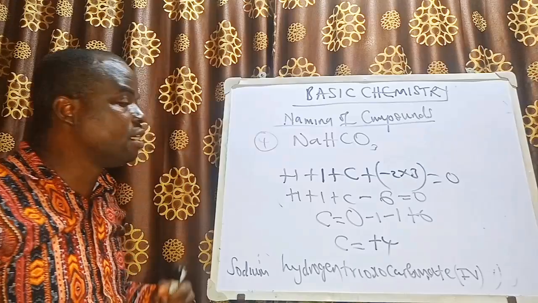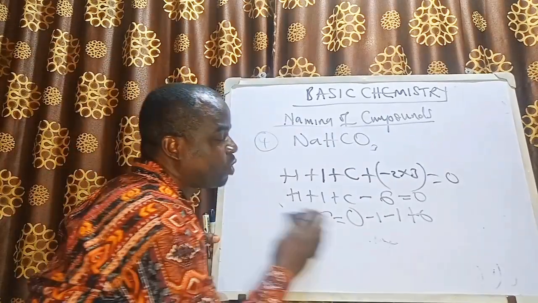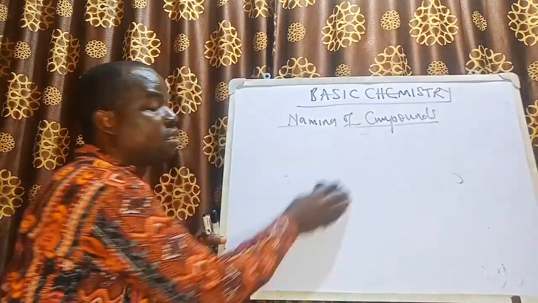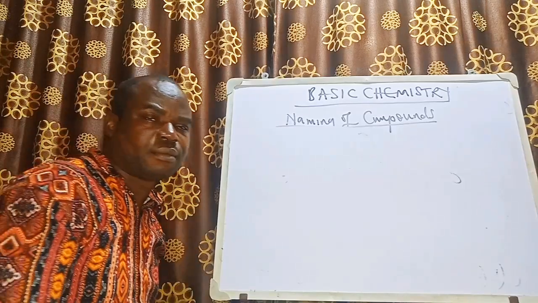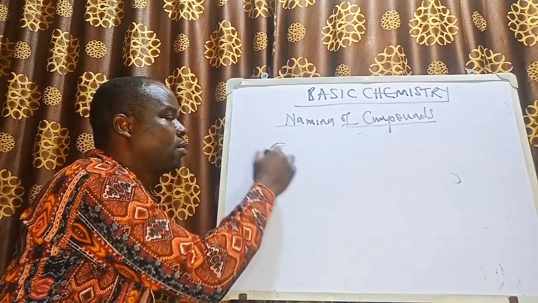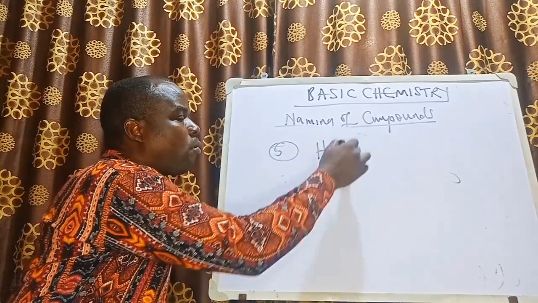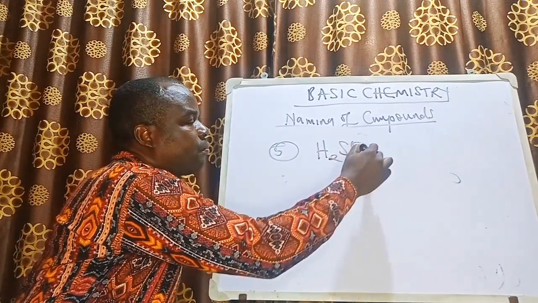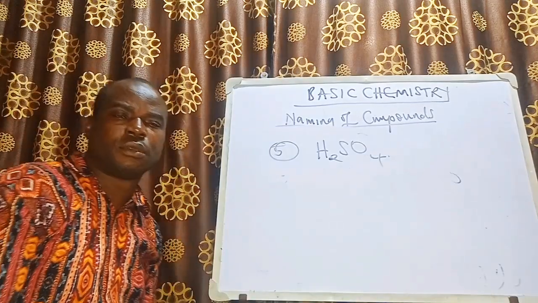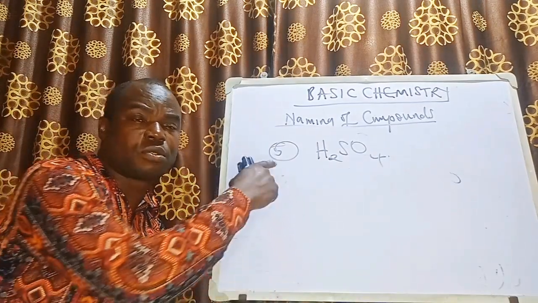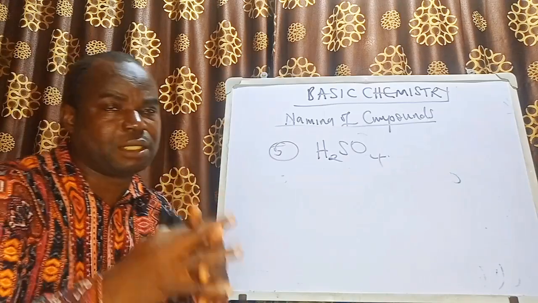And then finally, in this particular section of the series, let me bring up something spectacular. That is number 5, page 2. SO4. If I ask you to name this compound, please be very careful with this.